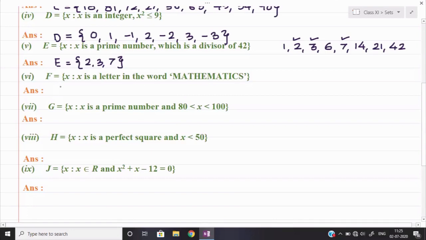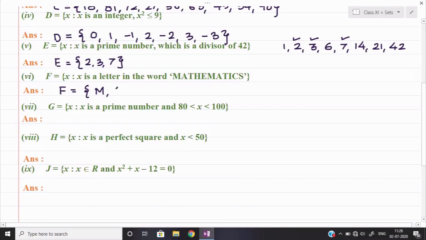But we need to remember one thing: we cannot repeat a letter over here. For example, I have written M here, so I will not repeat M again. M may appear in the word more than one time, but here I will write M only one time.